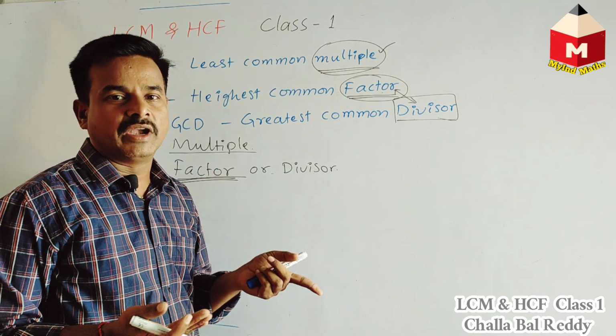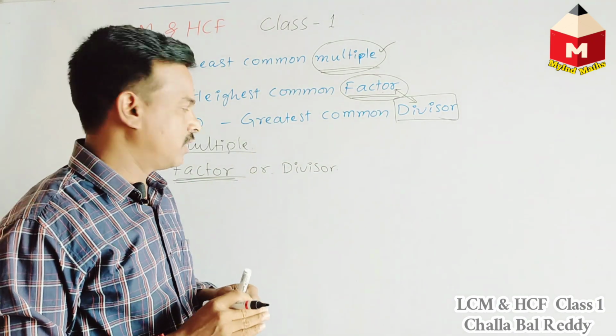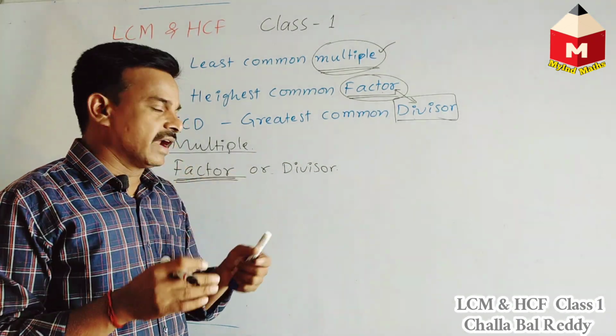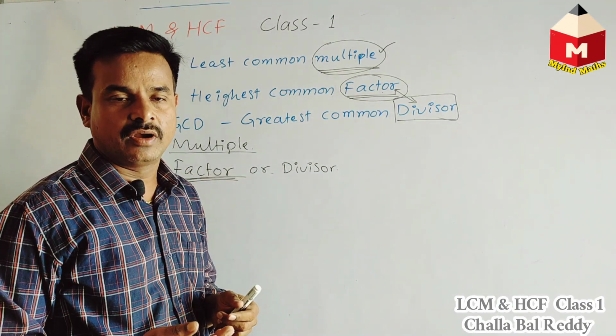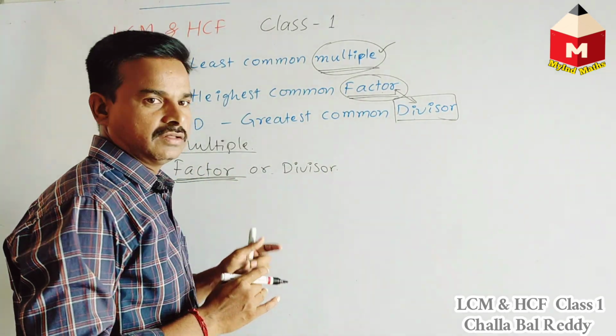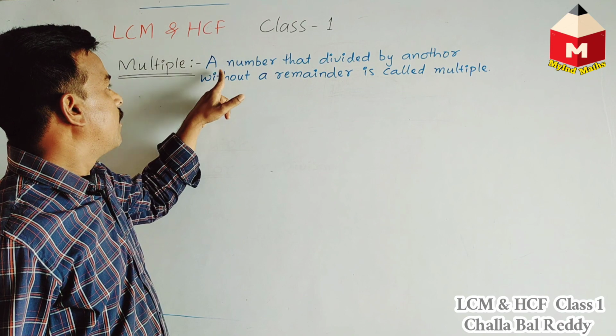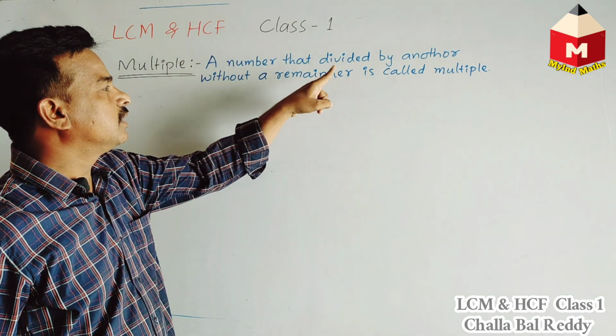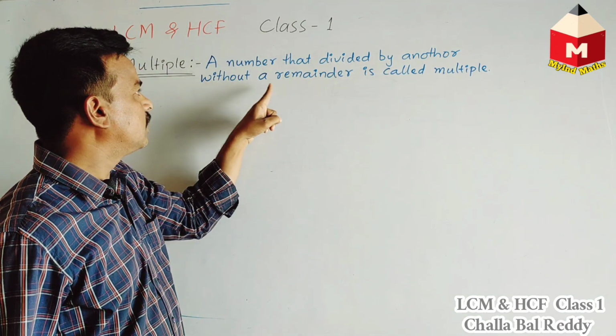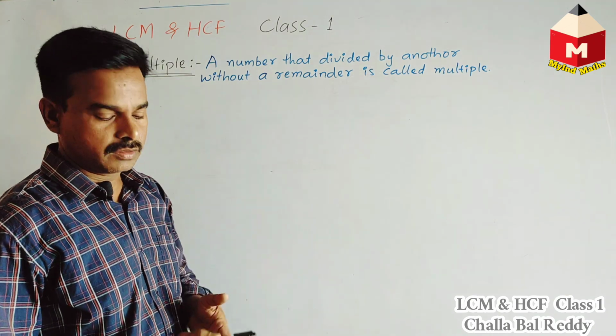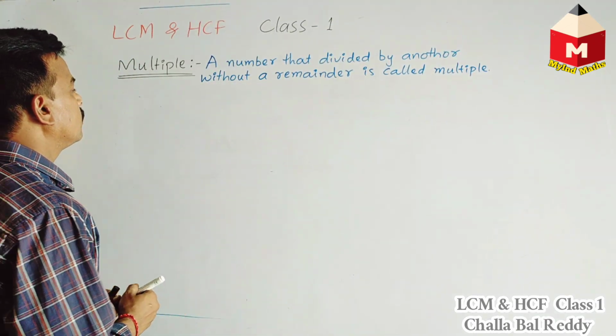Now first we have to learn about multiples and factors. How we can find the multiples of a number. How we can find factors of a number. Now we have to learn this. Multiple: a number that is divided by another without a remainder is called a multiple. Take one example.